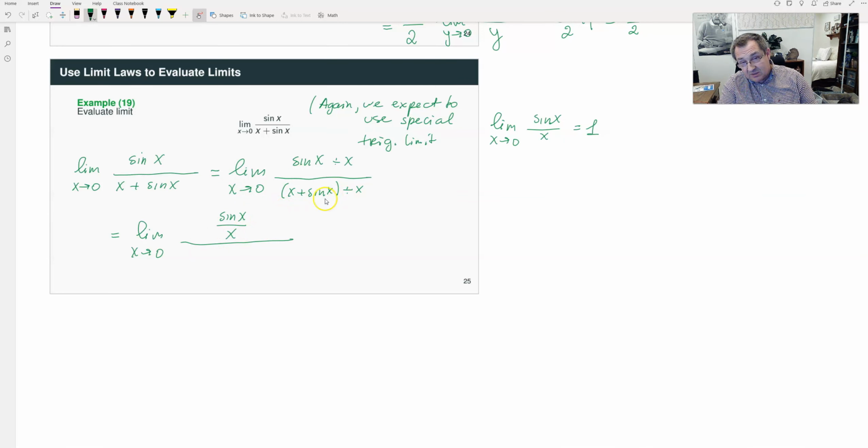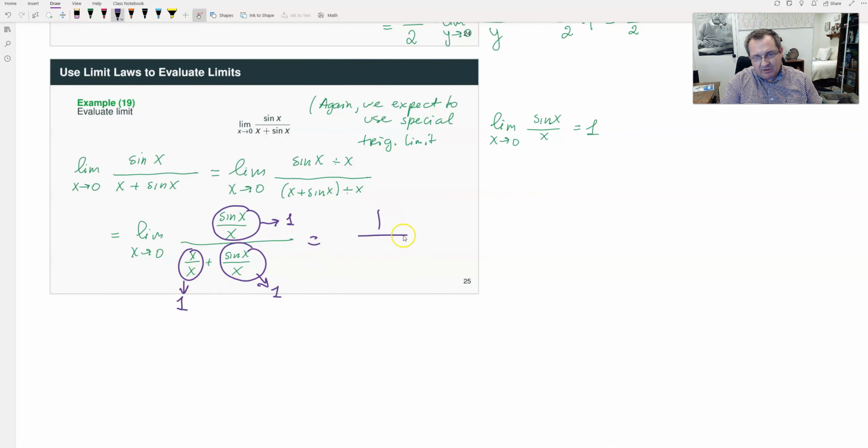Now, when we distribute this x in the denominator, we'll have x over x plus sine x over x. Okay, we are ready to make a conclusion. By the special trigonometric limit, this will go to 1, this will go to 1, and that will cancel to 1. So I have 1 divided by 1 plus 1 equals 1/2.